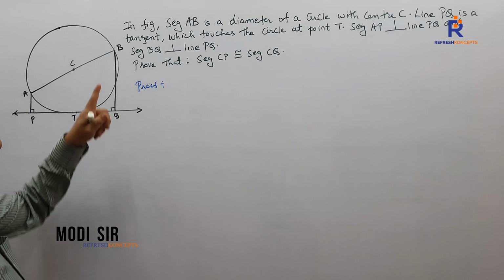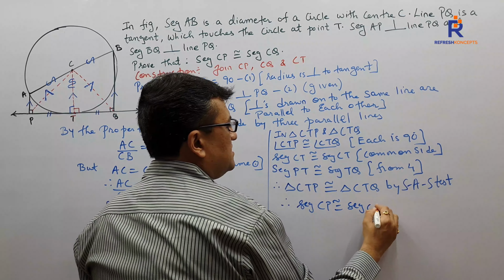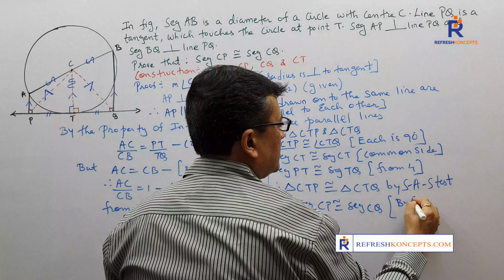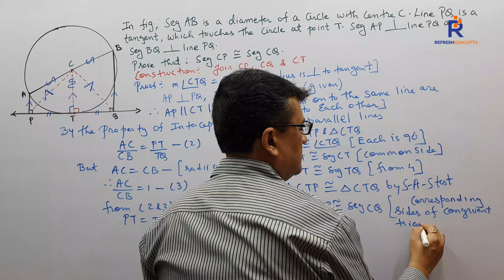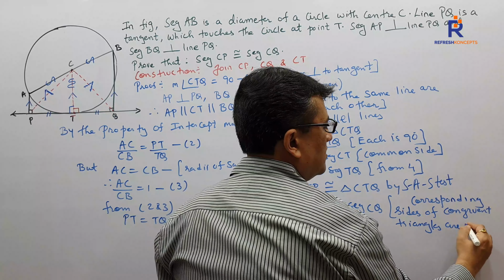Aren't they? And once they are congruent by SAS test, can I say CP congruent to CQ? Therefore, segment CP congruent to segment CQ by CSCT: corresponding sides of congruent triangles are congruent.